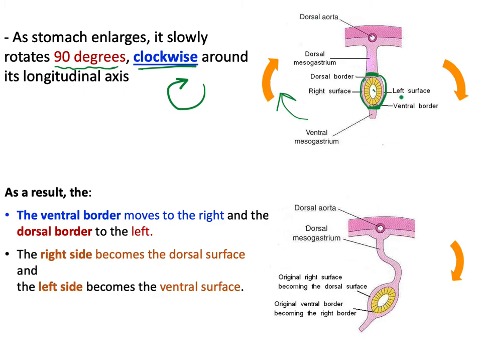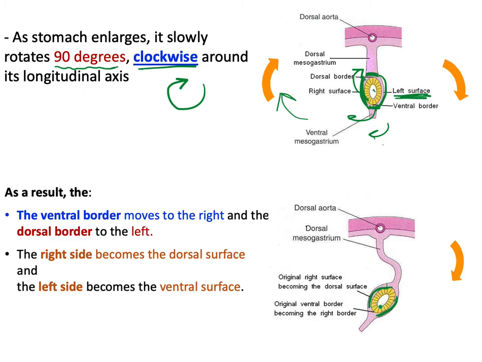With rotation, the left surface becomes anterior. Once rotated, just twist it like this, so the left surface becomes the ventral surface, while the right surface goes back and becomes the posterior or dorsal surface. So the right becomes dorsal, the left becomes ventral.